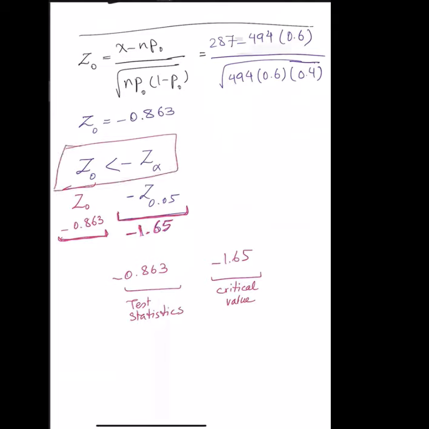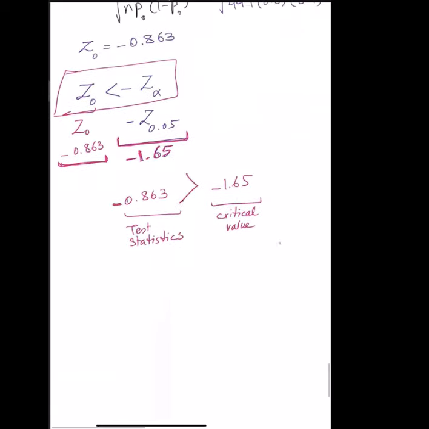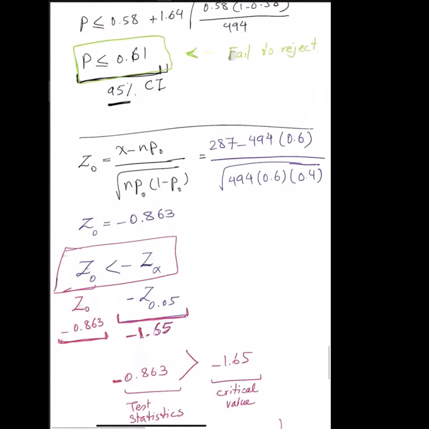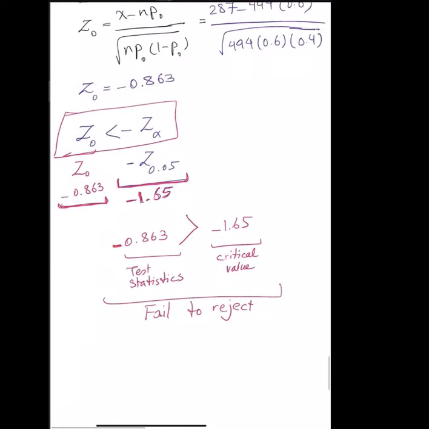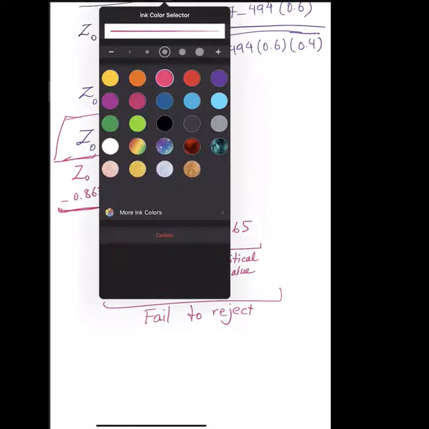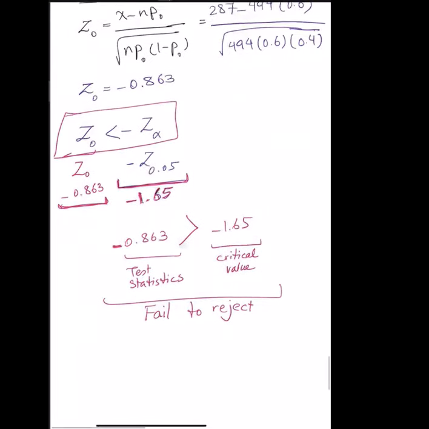However, the test statistic we obtained is greater than the critical value, so we fail to reject, the exact same conclusion we reached with the confidence interval. Okay, can you calculate the p-value for me?